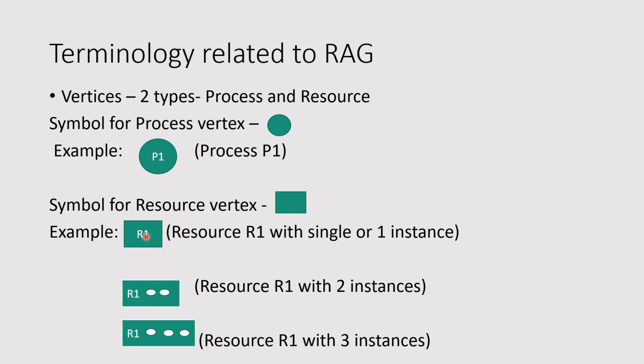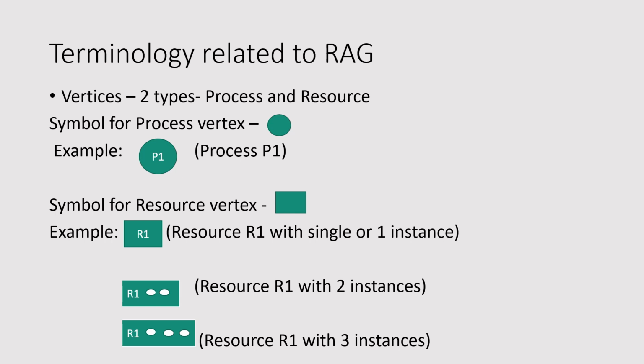So this is a single instance resource. This diagram depicts single instance resource, and these diagrams are two instance resource and three instances resource respectively. So vertex process and vertex resource. So two types of vertices are there in this resource allocation graph.